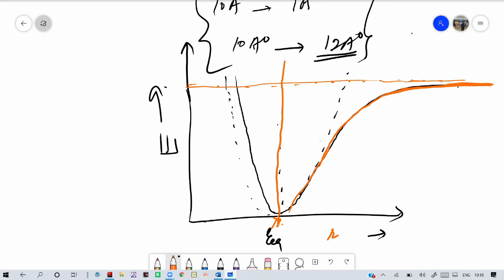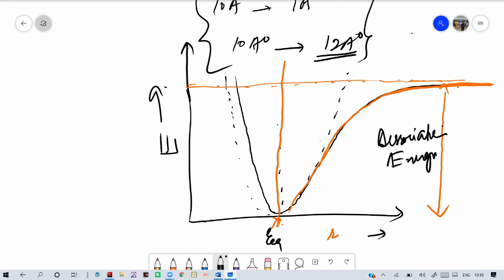And this energy at which the molecule breaks apart is called the dissociation energy. Here this is D_e, the dissociation energy at equilibrium, and here it goes away.